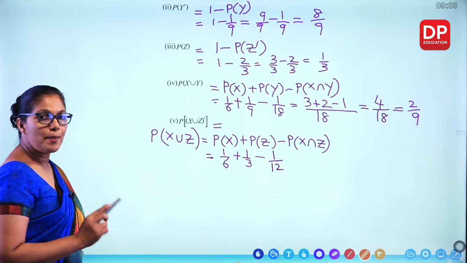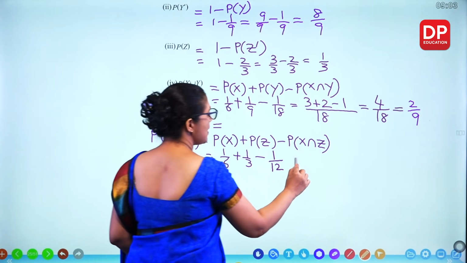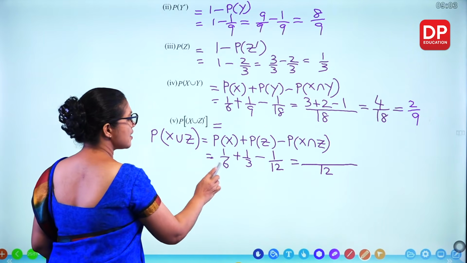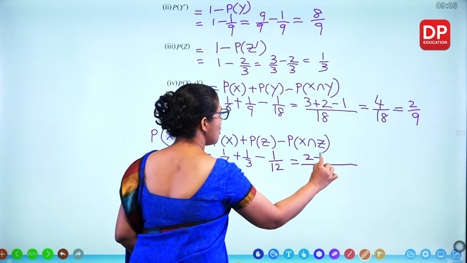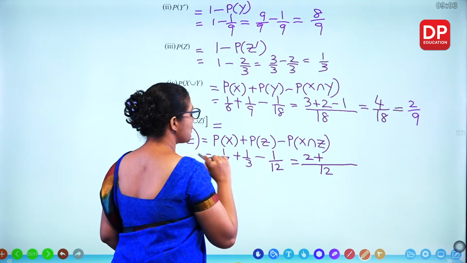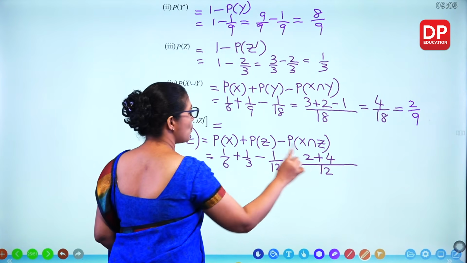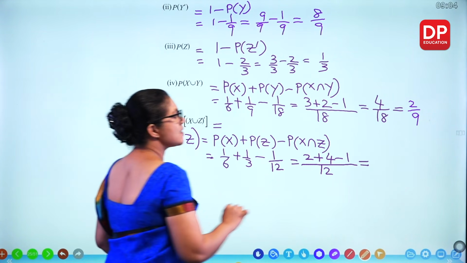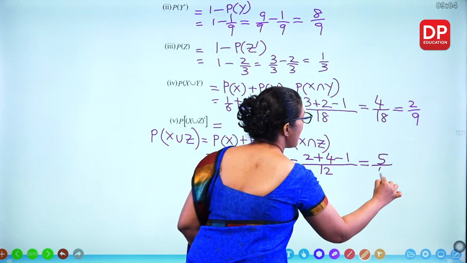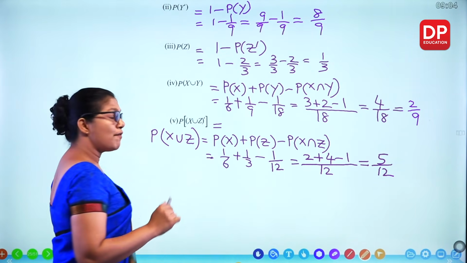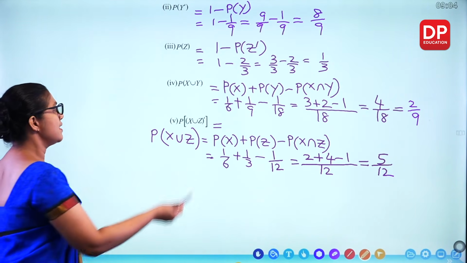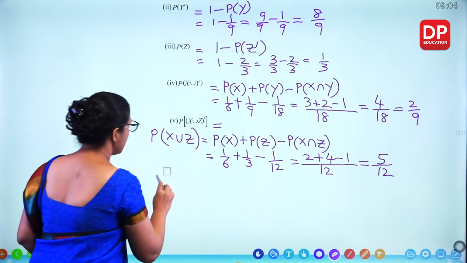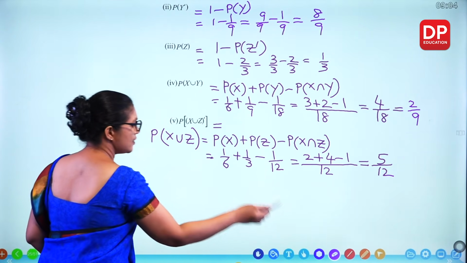So we'll use that value, 1 over 12. The common denominator is 6, 3, 12 is 12. Convert, 2 times 1 is 2. This is 4 times 3, 4 times 1 is 4. Minus 1, 4 plus 2, 6, 6 minus 1, 5. 5 over 12. We found out the union is this. So what is this one now? I can substitute this value.